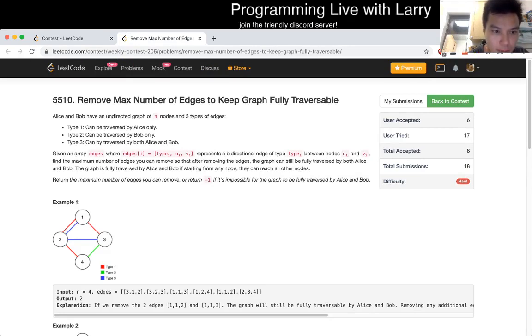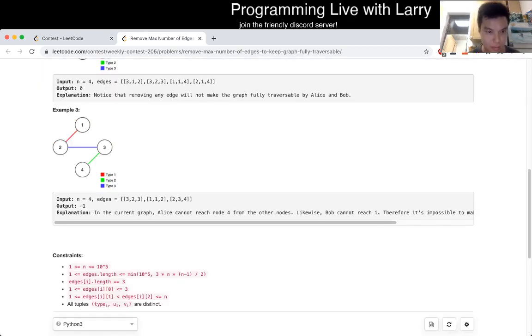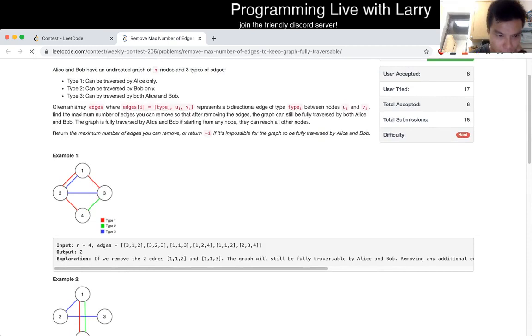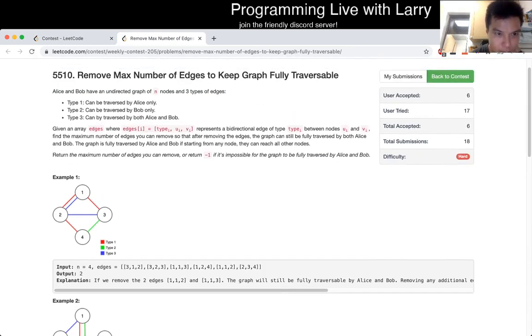This Bob, this and Bob. Maximum number of edges. What are these colors again? One, two.